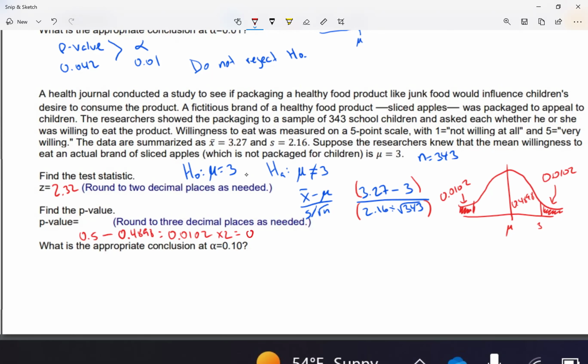It gives me 0.0204. But I have to do it in 3 decimal places, right? So I'm going to go 0.020. That's my p-value. So my p-value is 0.020.